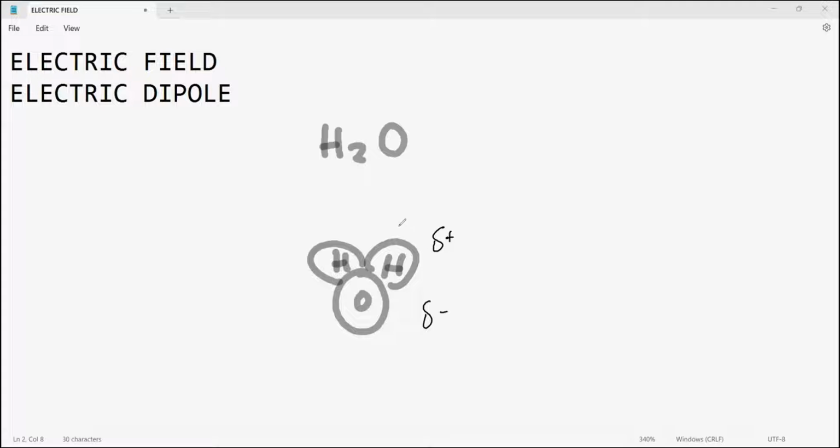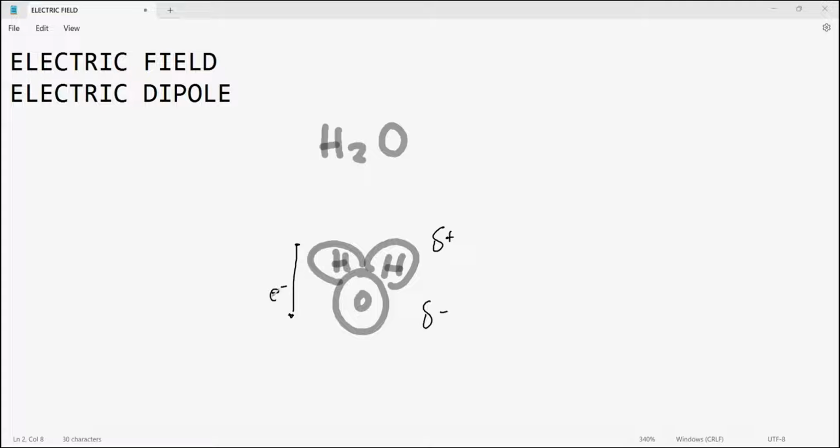If that's the case, looking at it, I know that the electronegativity increases from H to O. So this is a trend of electronegativity. On the other hand, we'll be defining another variable called the electric dipole moment.